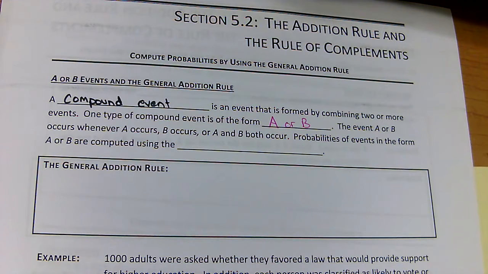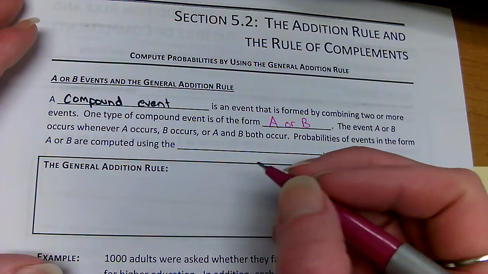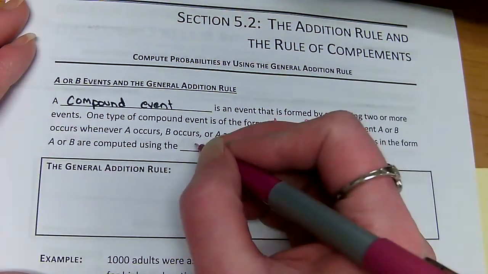Probabilities of events in the form A or B are computed using the addition rule.